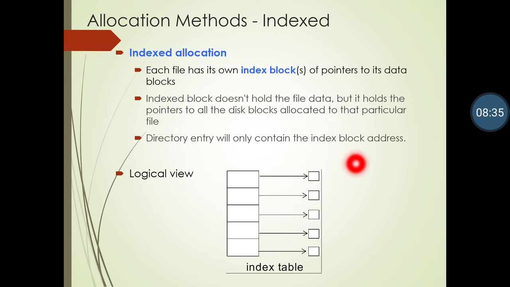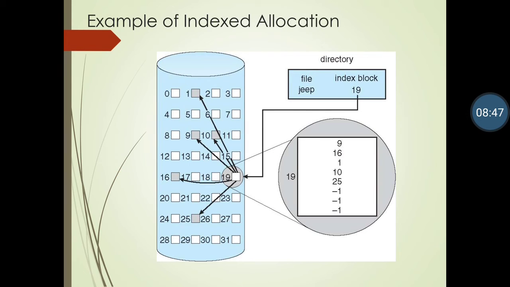So, logical view: assume this is a block, the index block. The index block contains only pointers to the data blocks. See, there is an example. For the file G, its index block is 19. The index block contains the file's data blocks.